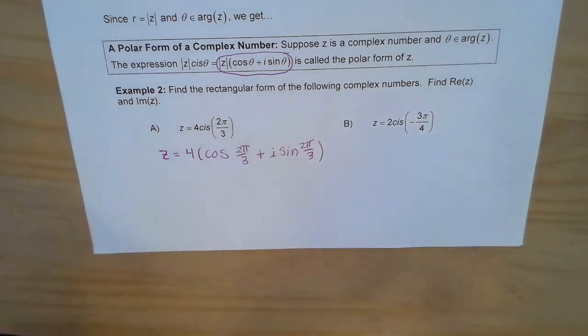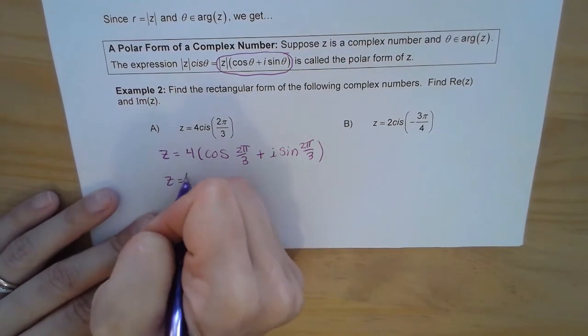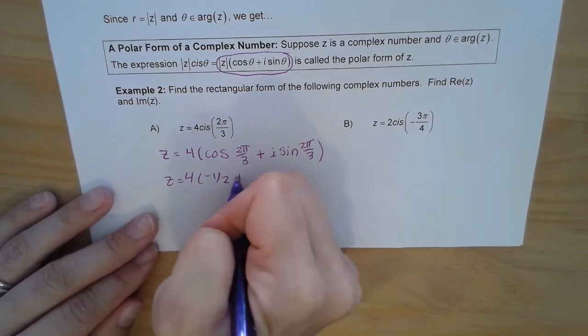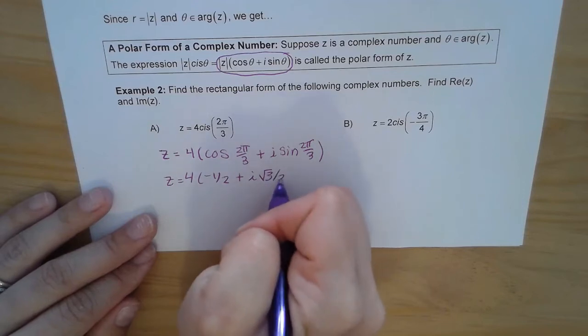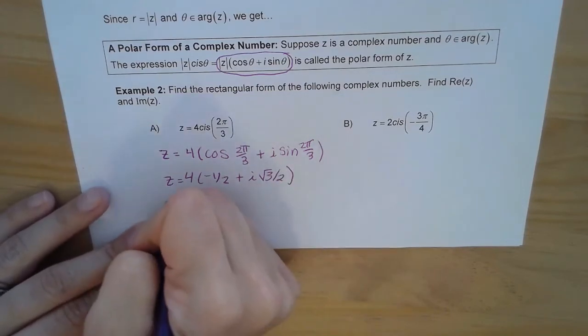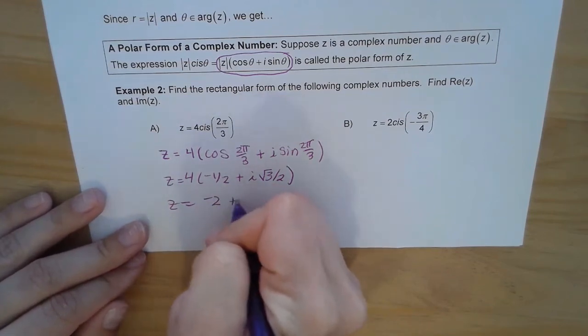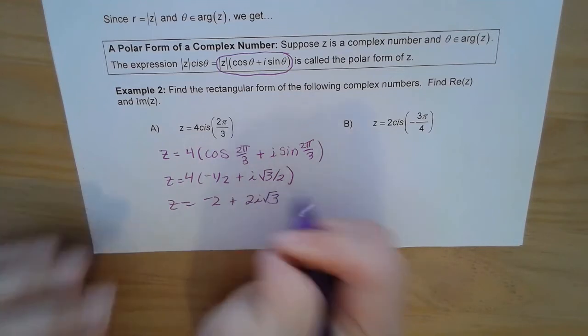Now we can use our unit circle. We get z equals 4 times negative 1/2 plus i square root of 3 over 2. Let's distribute that 4 out. We get z equals negative 2 plus 2i square root of 3.